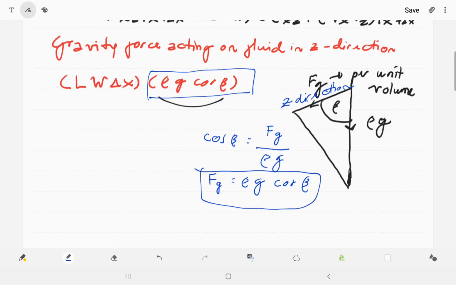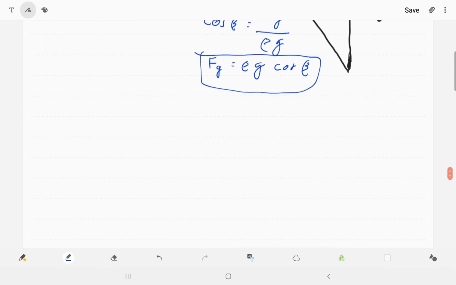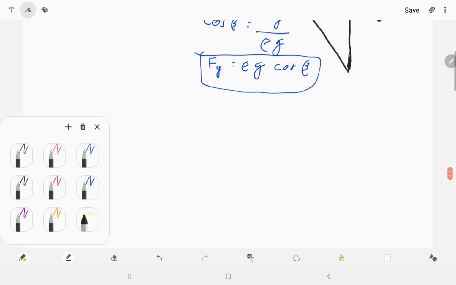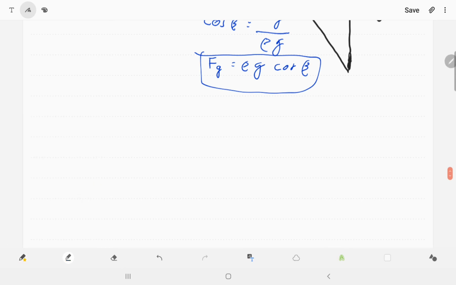Okay, then after figuring out all these terms, we can make the momentum balance.